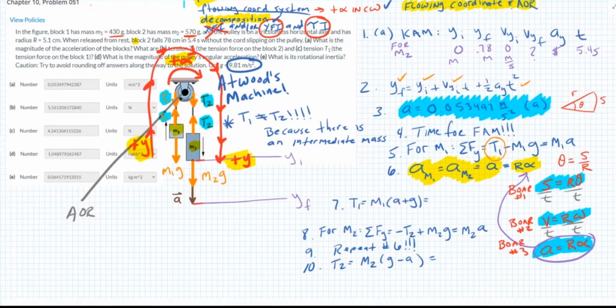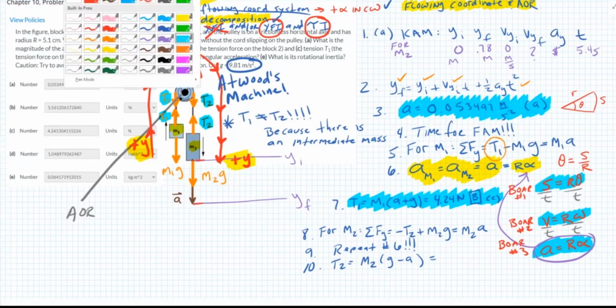Okay, so alpha A plus 9.81 times 0.43. Store alpha B. Calculator memory location B. This was the answer to, technically speaking, part C. So good to go for T1, the tension 1.